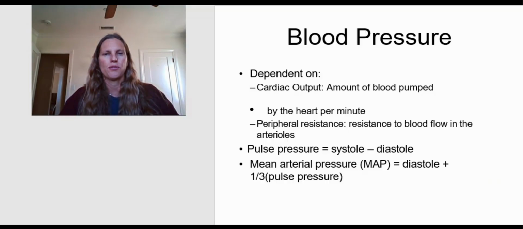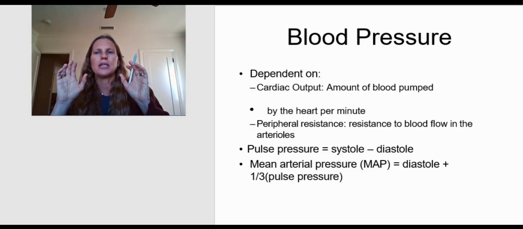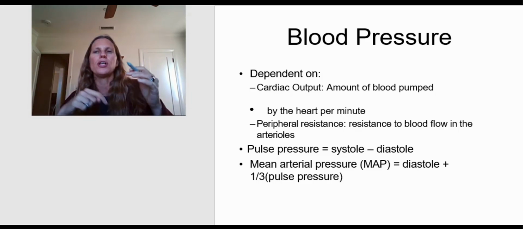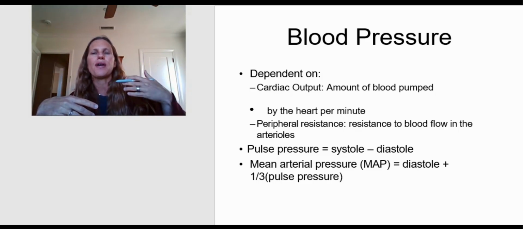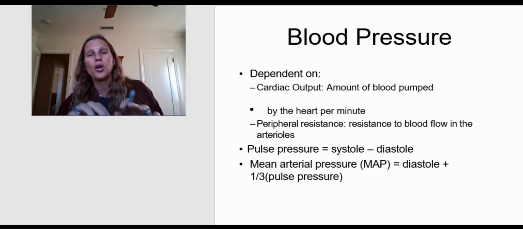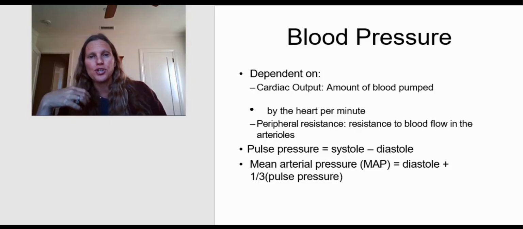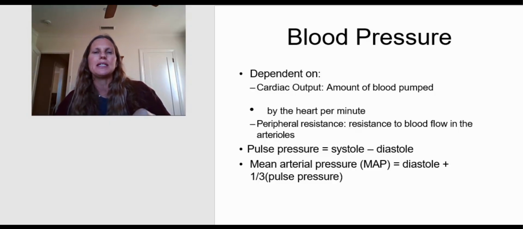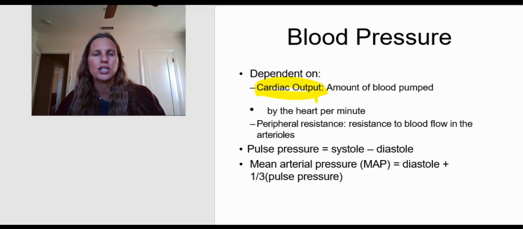So, blood pressure now. Remember, the blood pressure is the pressure that's being exerted on the wall of the vessel where you're measuring it, and it's a result of the force that the blood in that tube is exerting on the wall of the tube. So our blood pressure overall is going to be dependent on how much blood is actually leaving the heart.